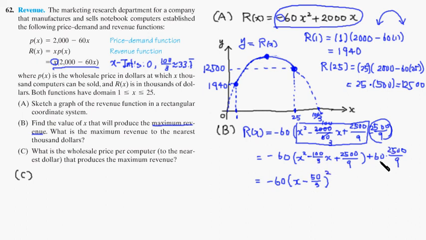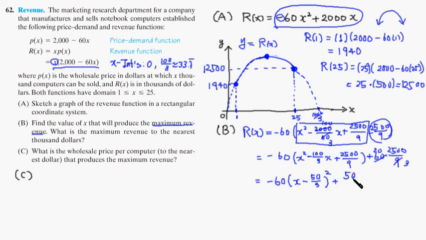Then I just have to simplify a little bit. So now divide by 3, so 60 divided by 3 is 20. So it's really 50,000 over 3. Not an equal sign, sorry, that's going to be a plus sign.